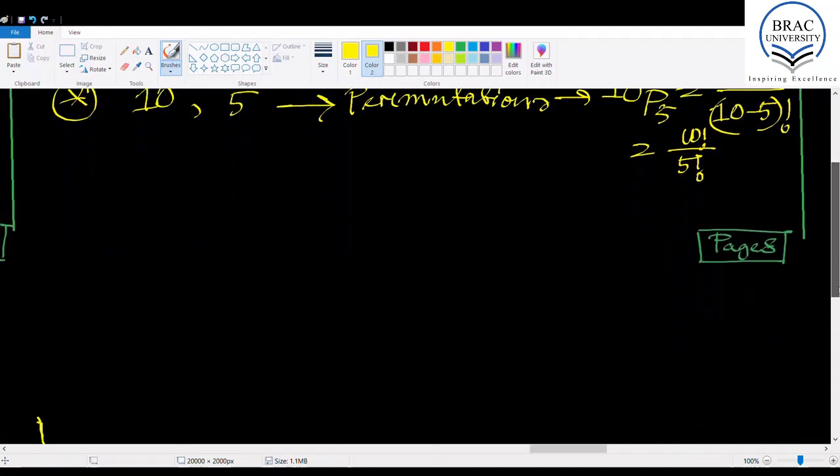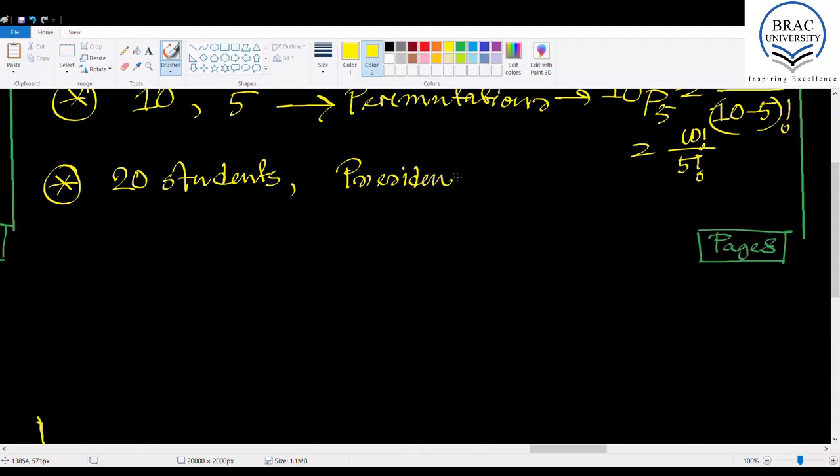So let's have another example. If I say that there are 20 students in one course, and a teacher will make a committee with a president, a 3-member committee, okay? President, vice president, and a treasurer.